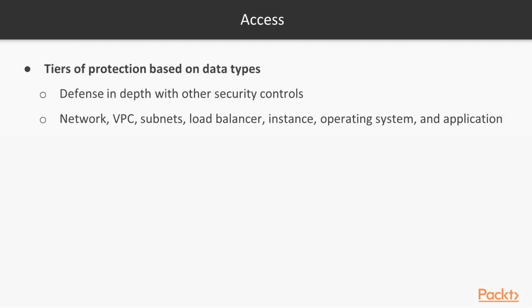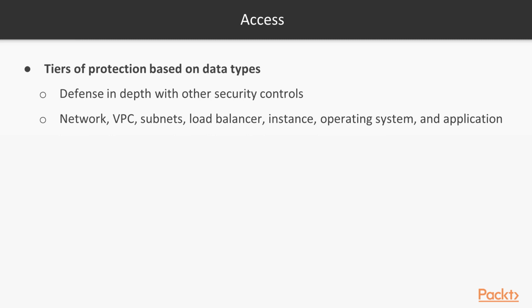For access, it's also important to consider the level of the data and the way that we tag this data, and what protection we can apply to that data. It's not only about encryption at rest or encryption in transit, but also about controlling defense in depth with other security controls.